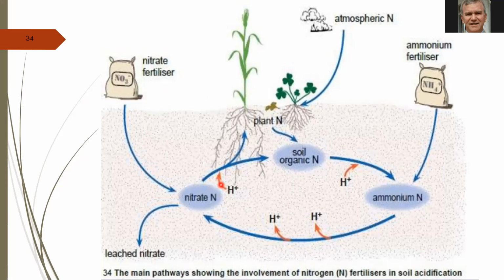These hydrogen ions accumulate on the cation exchange surface, especially on the clay particulate in the soil texture. And pH will move in the direction of greater acidity with the regular and excessive use of nitrate fertilizers and ammonium fertilizers.